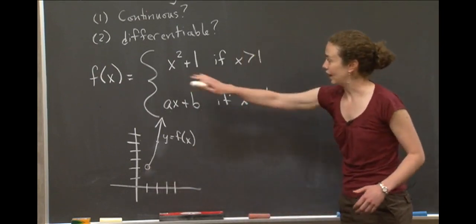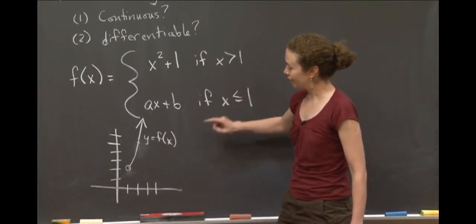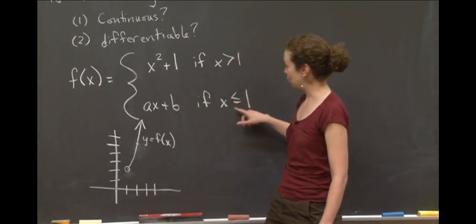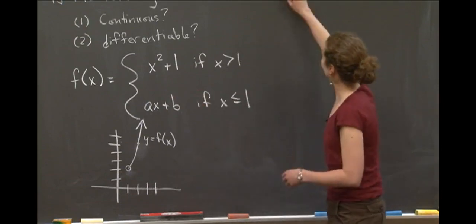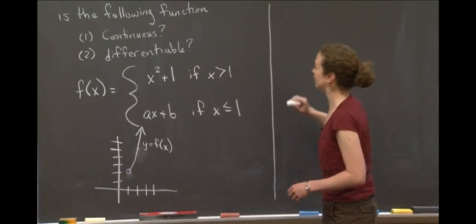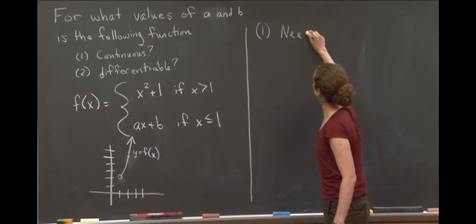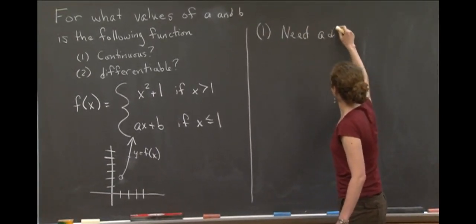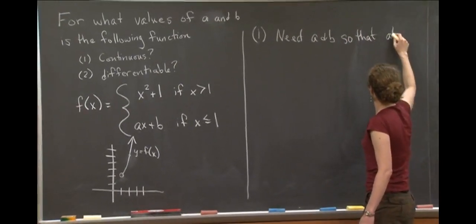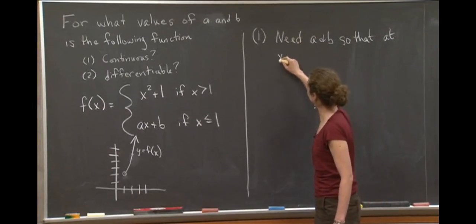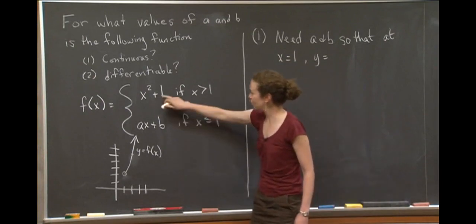We can actually look at f of x and say, if I wanted it to be continuous, then the y value I need at x equal 1 is going to be whatever the y value is here at x equal 1. So let me write that, make a little space over here. So to answer question 1, I need a and b so that at x equal 1, y is equal to, well, if I put in 1 here, what do I get?